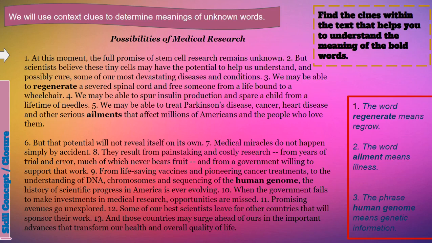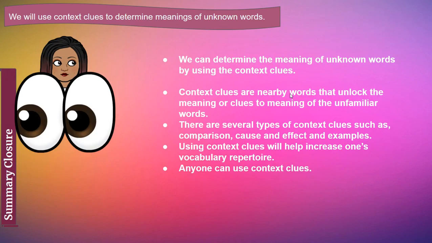So, if I put the meanings, for example, the word regenerate means to regrow. Well, what word or words in this particular text will help me to know that regenerate means to regrow. So we're doing an actual reverse, okay? All right, so make sure you go back to that.